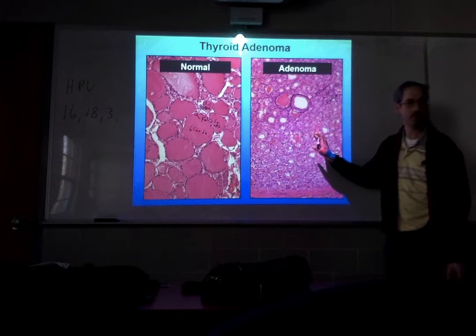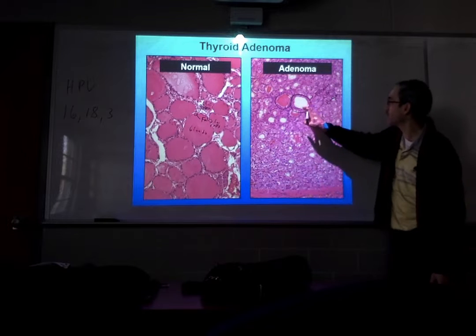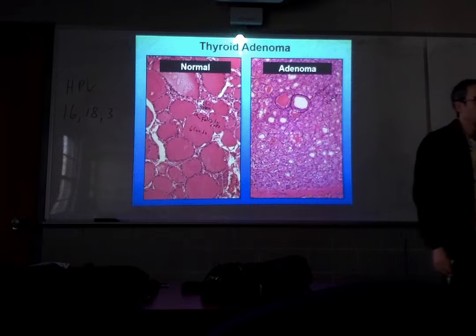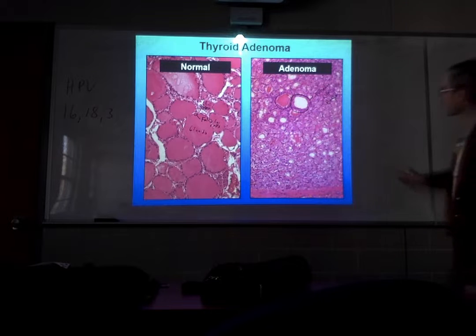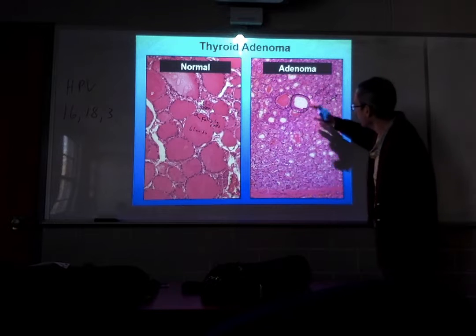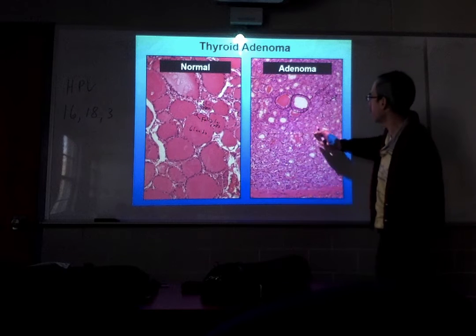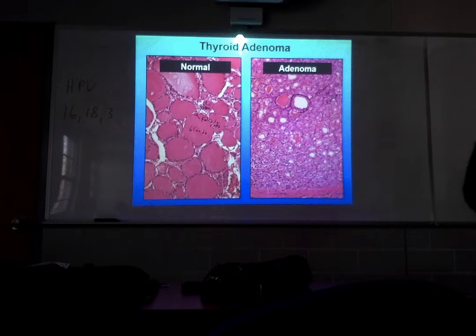Any neoplasm which is benign, is growing, producing these glandular structures, is referred to as an adenoma. This is an example of a thyroid follicular cell adenoma. Now, the neoplastic cells are actually these follicular cells. Again, when they're growing, they tend to recapitulate the functions of their normal counterparts, which is to make little glandular structures. And that's exactly what they're doing.